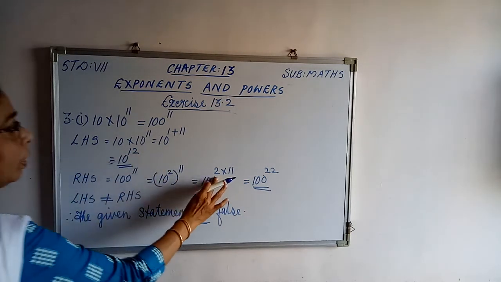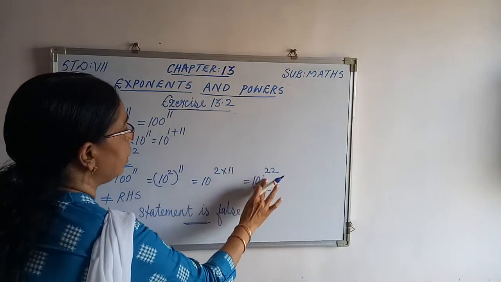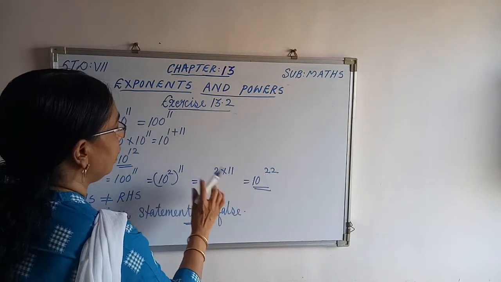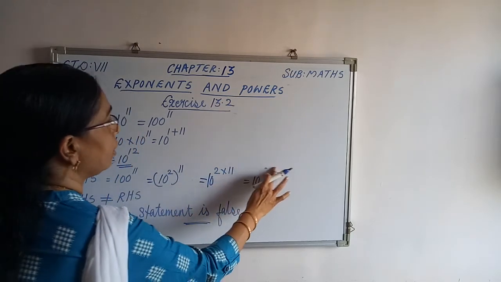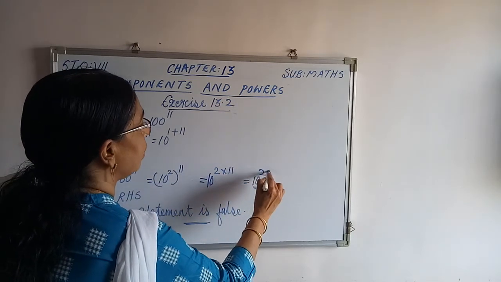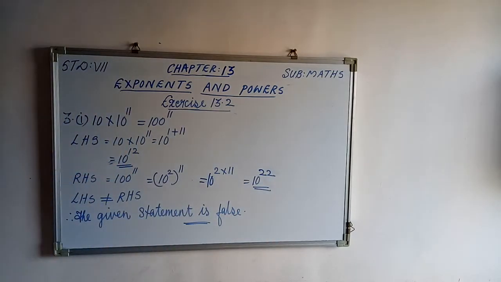That is 10 raised to the power 2 into 11, that is 10 raised to the power 22. Clear? Then LHS is 10 raised to the power 12 and RHS is 10 raised to the power 22. So LHS and RHS are not equal, so the given statement is false.